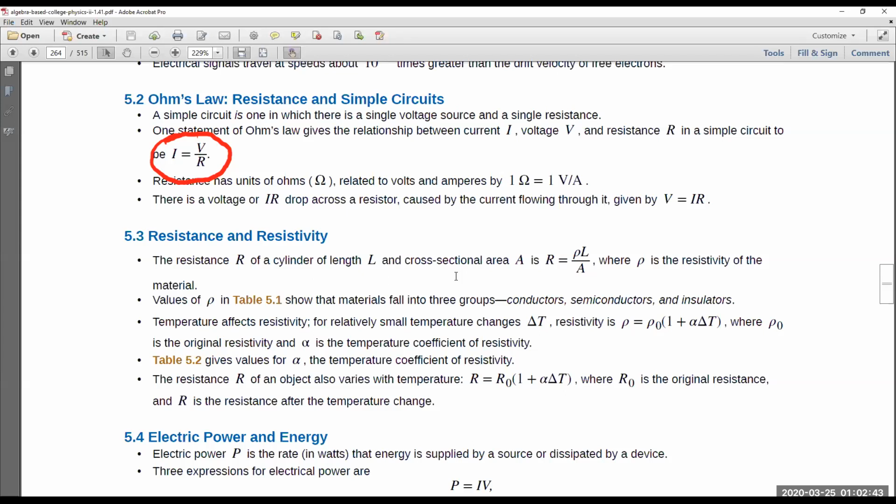So this equation could also be written as V equals R times I, or I times R. So it's still the same relationship. It's just a question of rearrangement. So basically in an ohmic material, the voltage and the resistance are proportional.